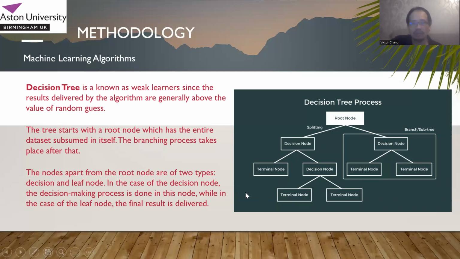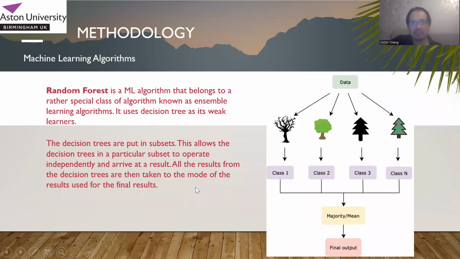Then random forest is a machine learning algorithm similar to decision trees. However, the difference is that it clusters different decision trees, and then it goes for the majority. It means that if there are various outputs in this cluster, the one from the majority of the trees will win and become the final output.